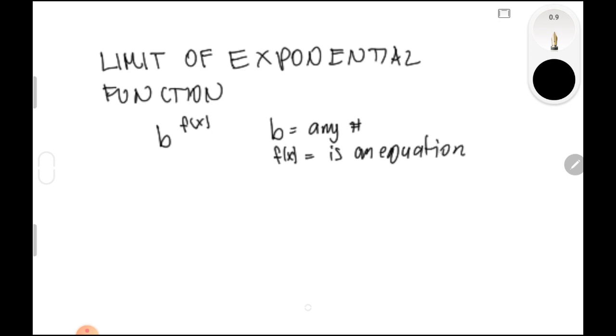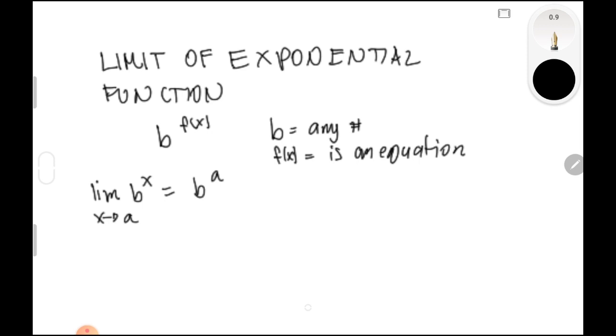So finding the limit of exponential function is similar to that of finding the limit of algebraic functions discussed in the previous week. So if you would get this limit, the limit of b raised to x, as x approaches a, we'll have a value of b raised to a.